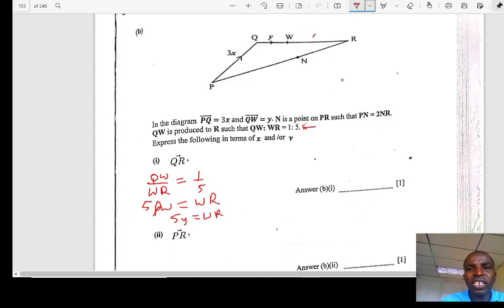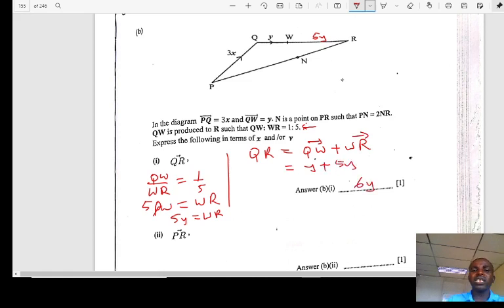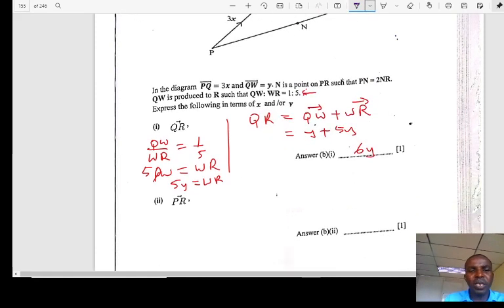So WR is 5y, which means QR is now easy to find. QR is equal to QW plus WR, which is y plus 5y. So in total, it will be 6y. Then done.